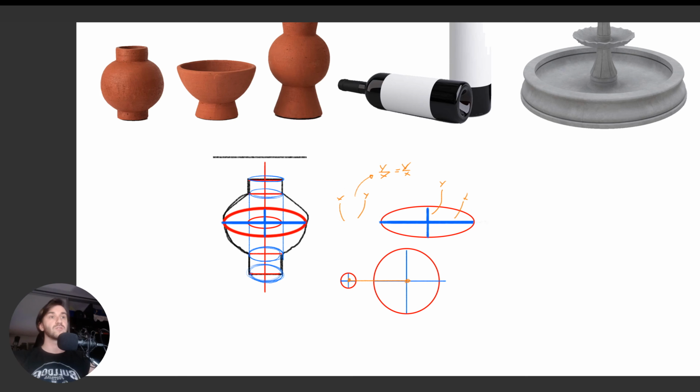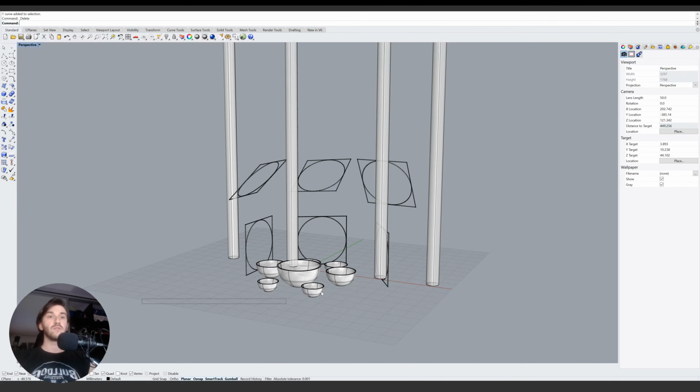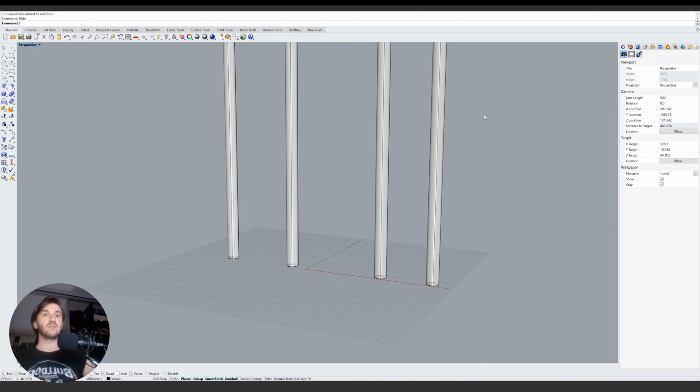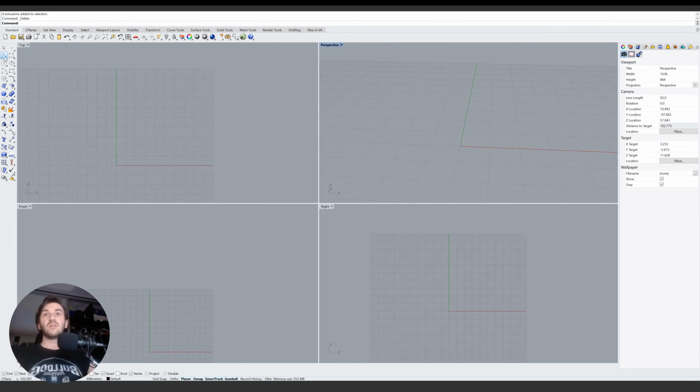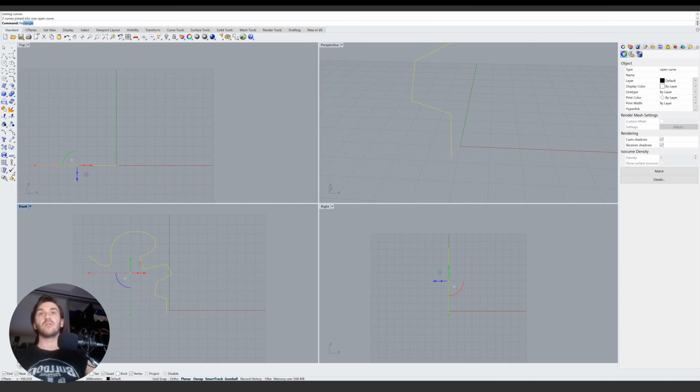So let me also show you how it works in Rhinoceros. Long story short, let me hide all of these things. If we were to draw some sort of a shape, let's say something quite crazy with some lines and whatnot, some curves and everything, we can revolve it.